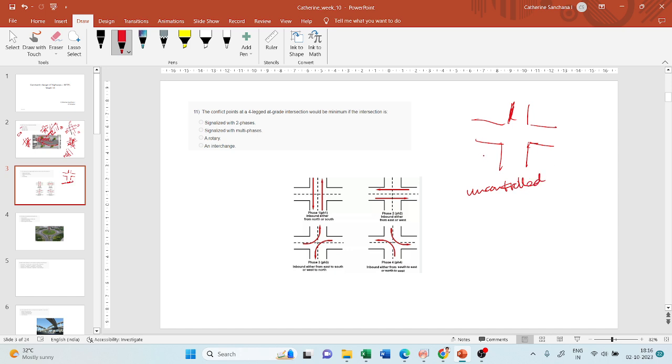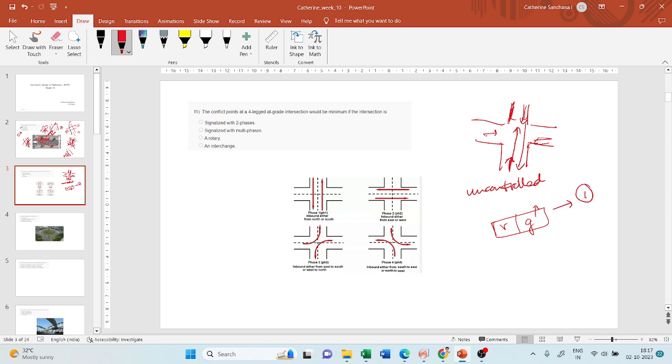So what I mean by this is, phase is the movement of traffic in the green time. A signal will have red and green, so each leg will have a red and green. If in one green, two movements are made, that is vehicles move in this direction and vehicles move in this direction, that will be taken as the first phase.